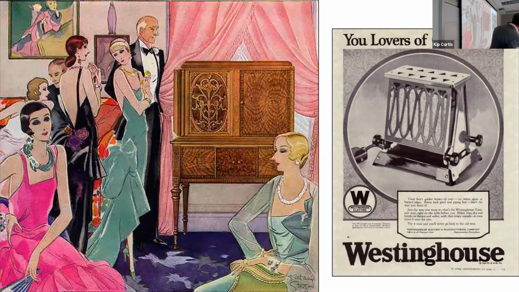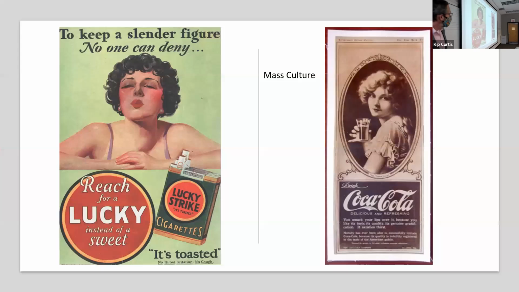So the General Electric, the Westinghouse toaster we see there. They made electricity, and they made radios, and they made radio broadcasts, and they made toasters, so we begin to see how some of the larger companies invest into the whole ecosystem that's being created. And branding becomes so important in the 20s.